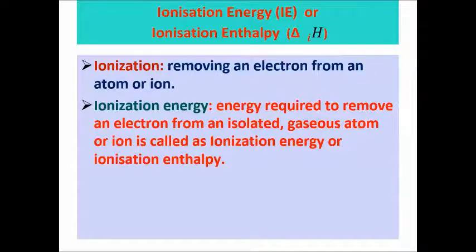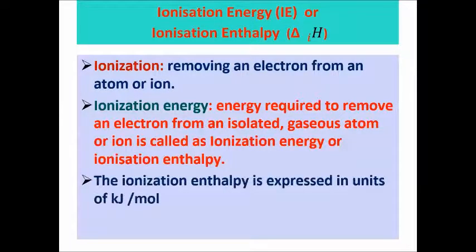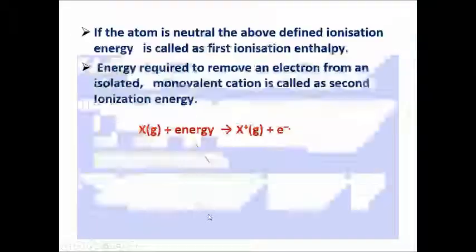The energy required to remove an electron from an isolated gaseous atom or ion is called ionization energy or ionization enthalpy, and it is expressed in the units of kilojoules per mole.